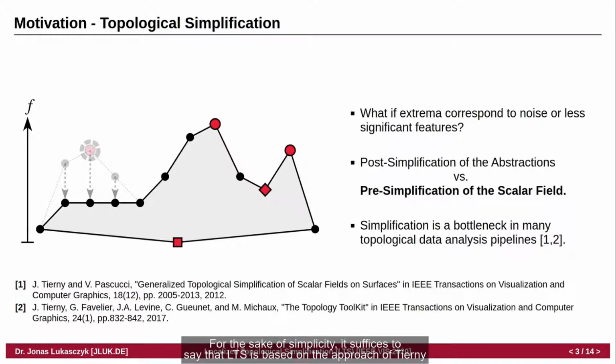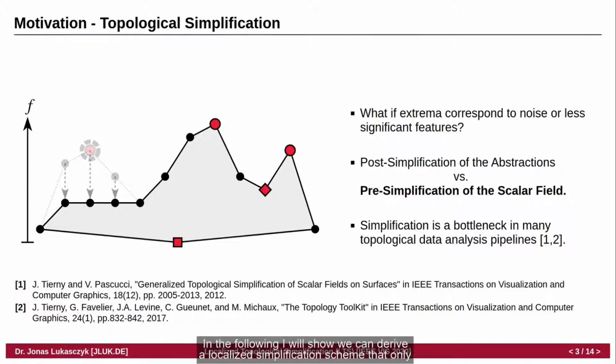For the sake of simplicity, it suffices to say that LTS is based on the approach of Tierny and Pascucci, who described generalized topological simplification of scalar fields on surfaces. Their approach is the default simplification mechanism in the Topology Toolkit, and we compare our results to this state-of-the-art implementation. However, their approach needs to iteratively process the entire scalar field to yield a simplification, and therefore often corresponds to the most time-consuming part of a topological data analysis pipeline.